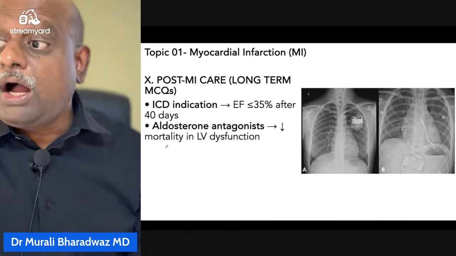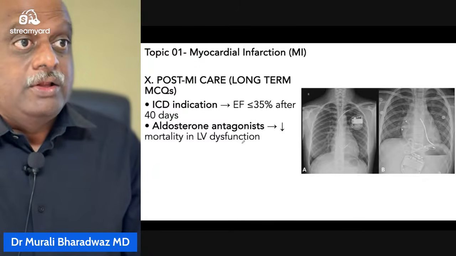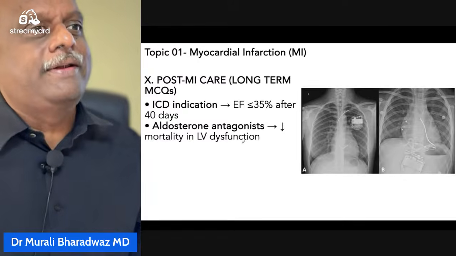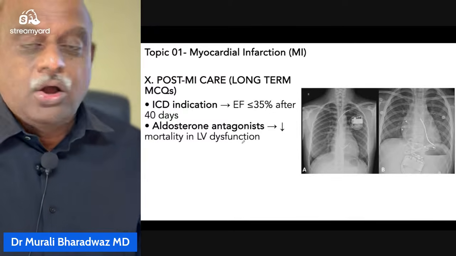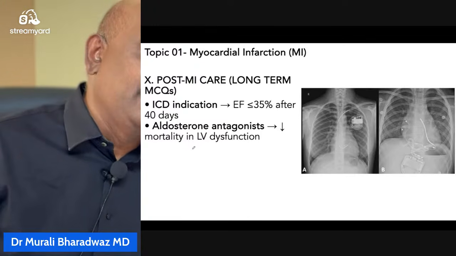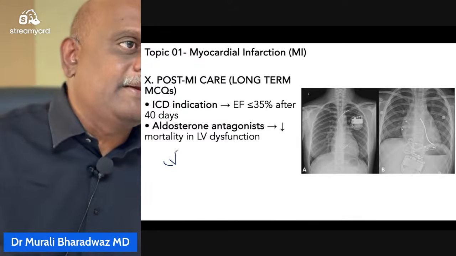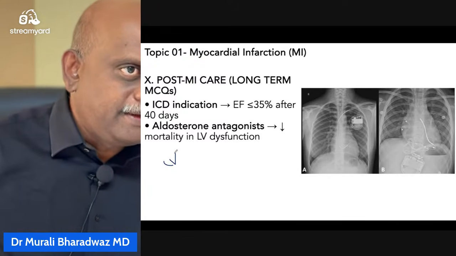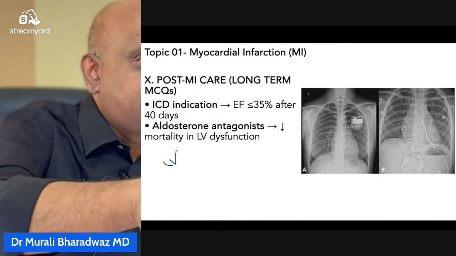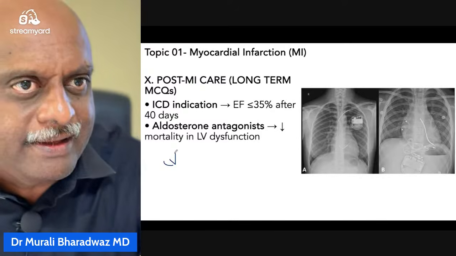Similarly, we have aldosterone antagonists. Agreed? So spironolactone, excellent. Eplerenone, right? All these antagonists decrease the mortality if you give them. Why? Once LV dysfunction is there, what will happen? Cardiac output decreases. Right? Decreased cardiac output decreases the renal blood flow. Decreased renal blood flow will decrease the pressure in the afferent arteriole.